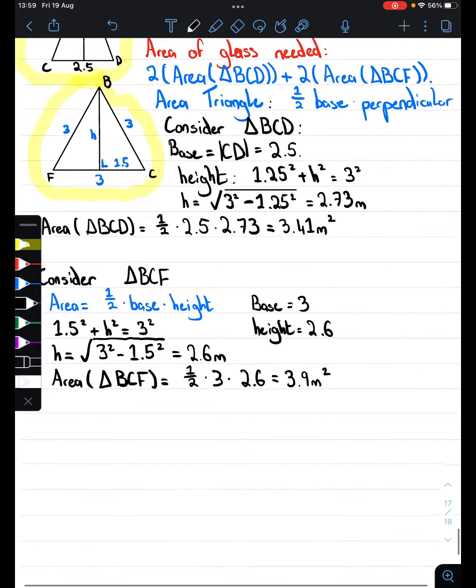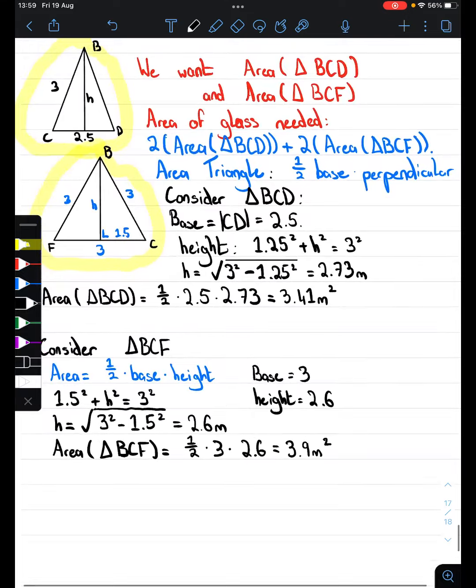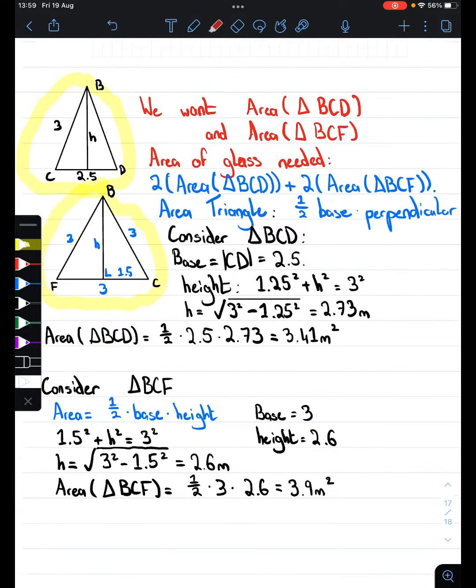Okay, so now we have the area of BCF and we have the area of BCD, and so now we can use our formula.